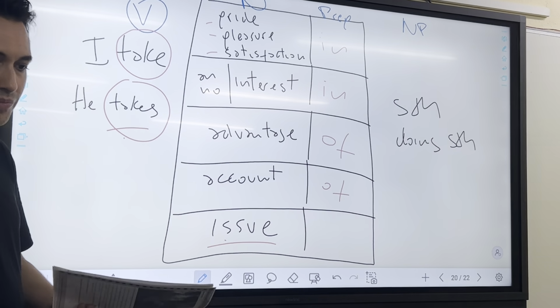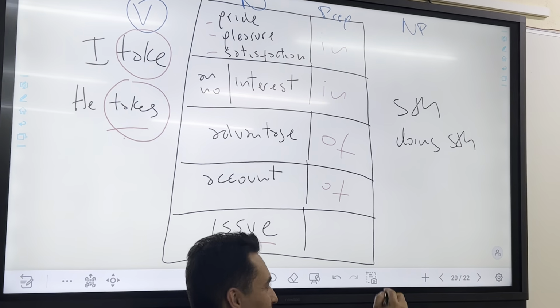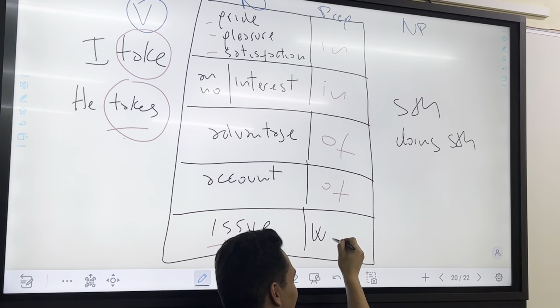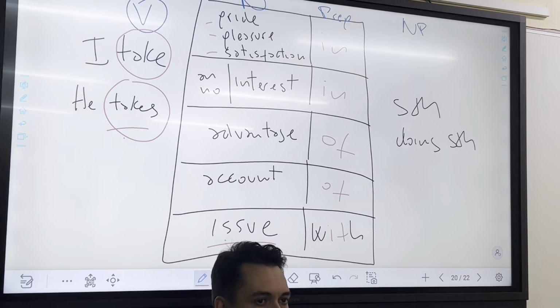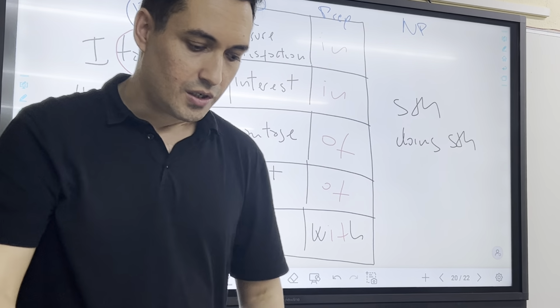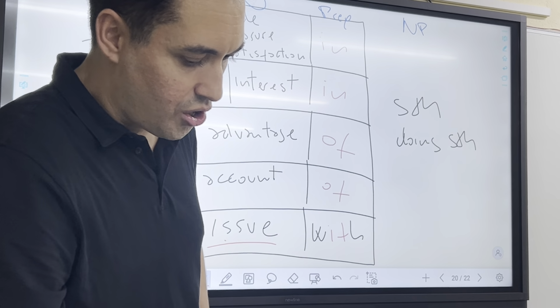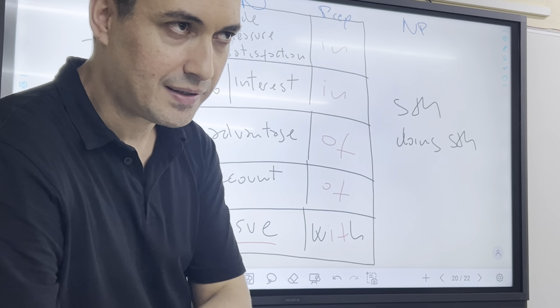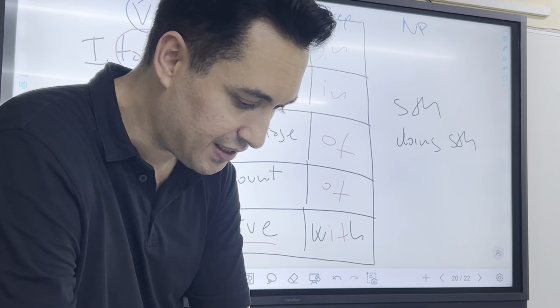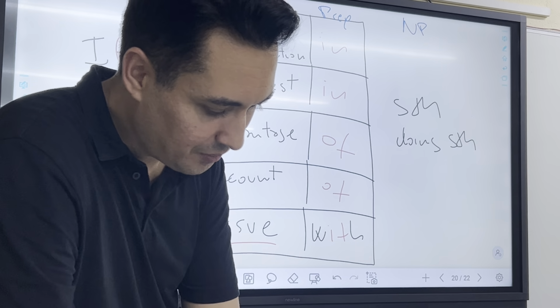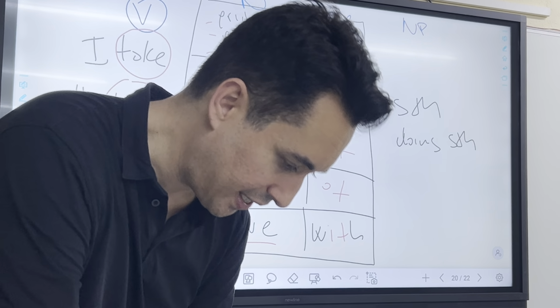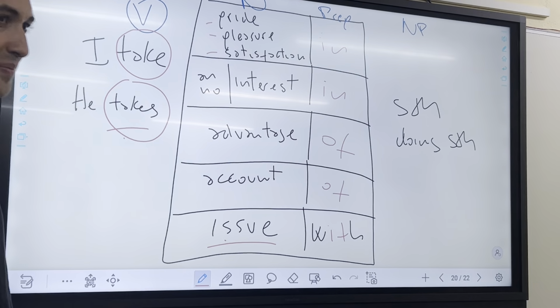You take issue in something? In. On. To take issue with something. Excuse me, do you agree with that? No, sorry. I take issue with that. I take issue with doing an exam tomorrow. I wouldn't like it. I take issue with that.